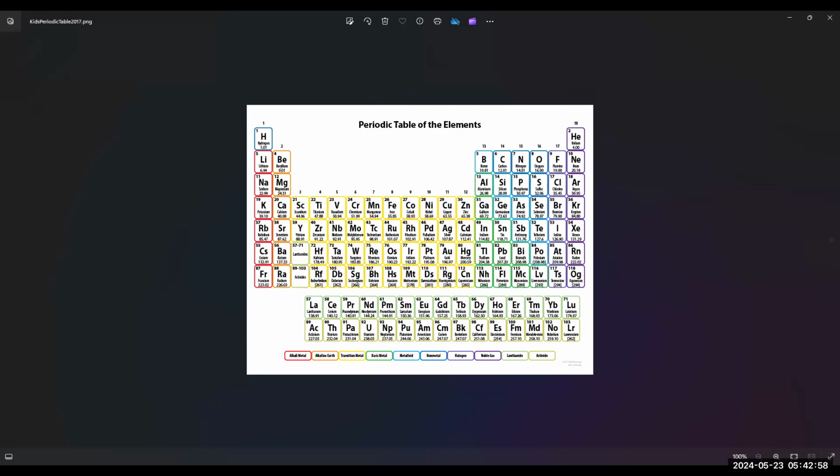How many families are there? Yes, Akash. Period is the horizontal one, family is the vertical columns. Okay, good. So a few more questions and then I'm starting the new topic.